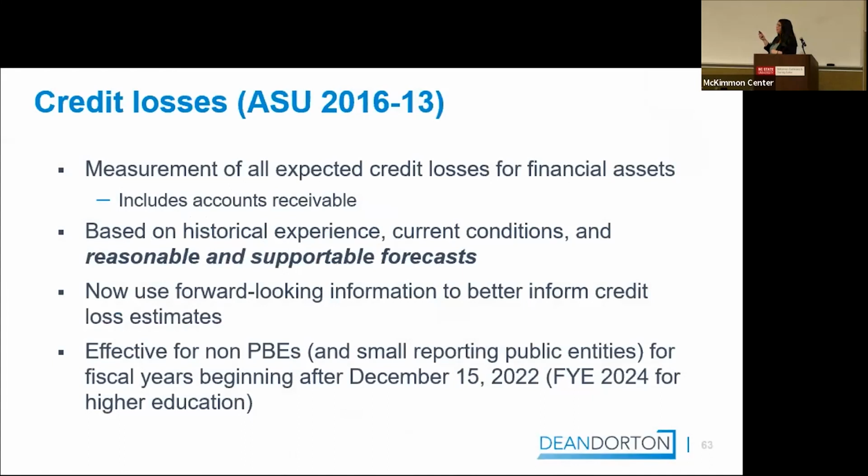And if there is, then we're going to have to disclose that and recognize that. That will be applicable for fiscal years beginning after December 15th, 2022. So I know Megan mentioned earlier, it might not affect a lot of you, but it's something to keep an eye out on as you enter your next fiscal year.